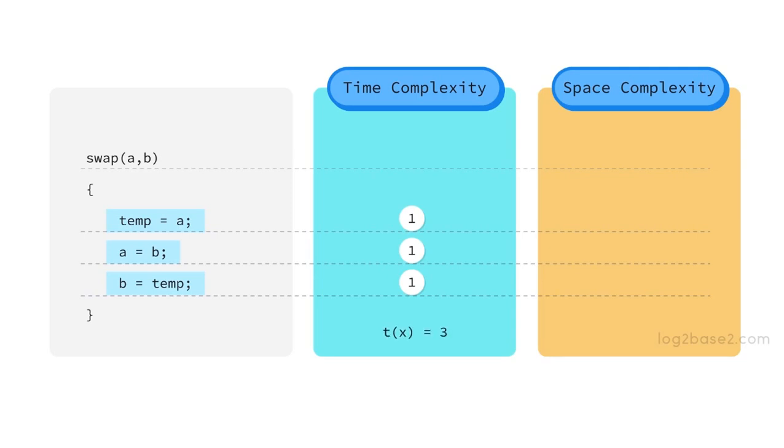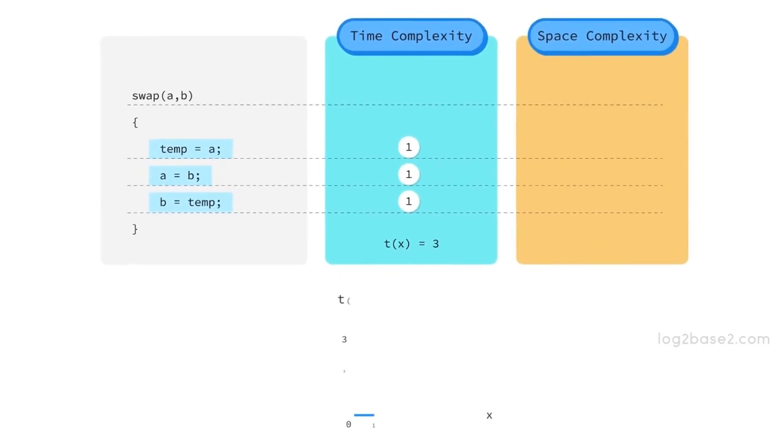Which means, whatever may be the value of x, the T(x) function will remain at some constant value. See this graph. For every value of x, the T(x) value remains constant. So we can call this algorithm a constant time algorithm.